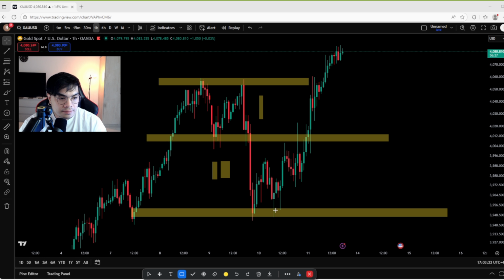So after you create a range here, now you have a new range, right? So this is going to be your resistance after you create a new support, range 1. Okay, this is going to be range 1, and the price is still breaking out of the range.